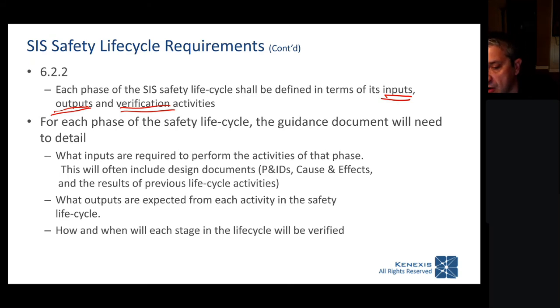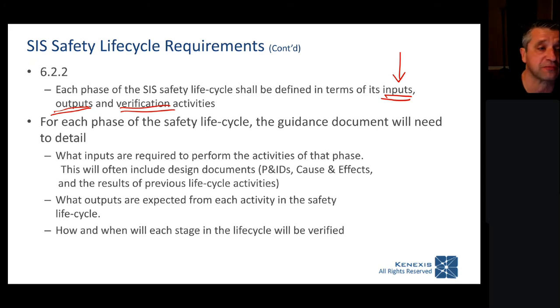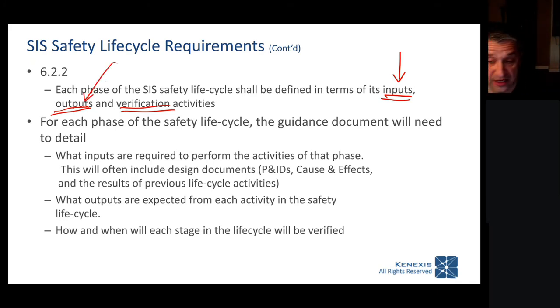There's a phase called allocation of risk reduction to independent protection layers. Each one of those phases, you need to define in your organization's language, what are the input documents you should expect to receive? What are the output documents that you should expect to generate as a result of that activity?